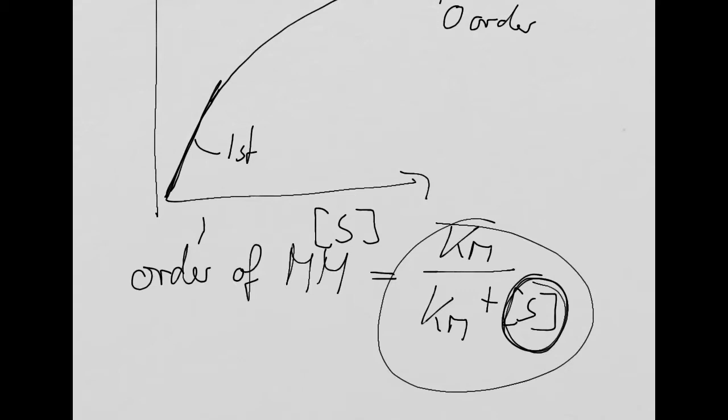Or, if S is very, very small, then Km is the dominant one, and you have got two Km's, and it cancels itself out. So it would be 1. So if S is very small, this is a first order reaction. Now, let's go back to the true enzyme stuff. What you see here is that reactions can change the order.